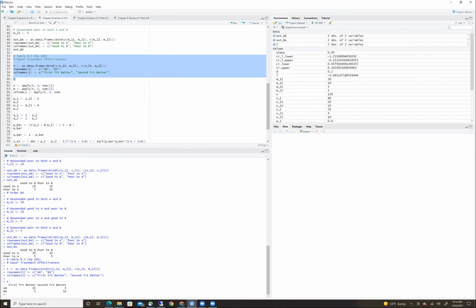Because if we gave everyone drug A first or treatment A first, then they responded well. The question really becomes, are they responding to the treatment or are they responding to the first thing they got? So it's always something that you want to check. All right, that's why we gave half the patients the opposite ordering.